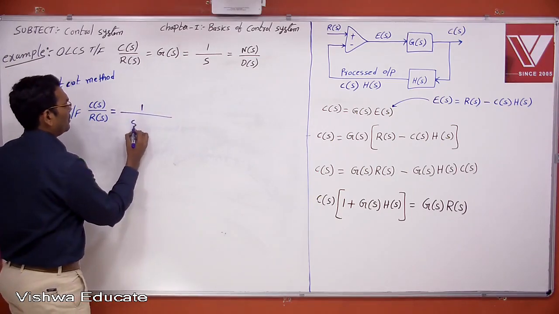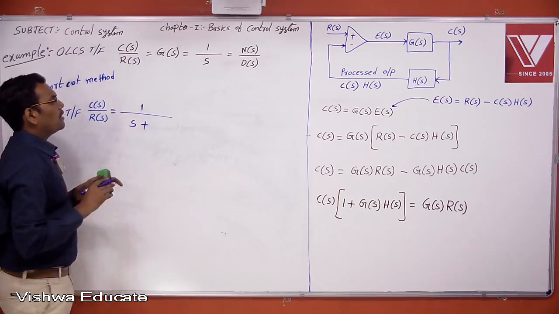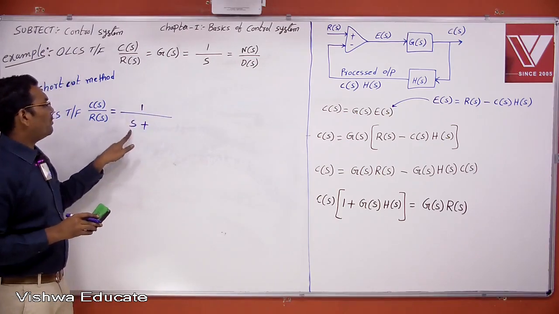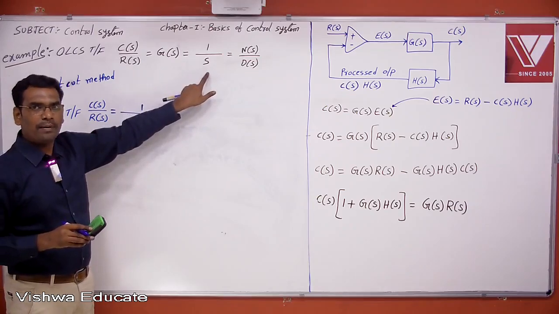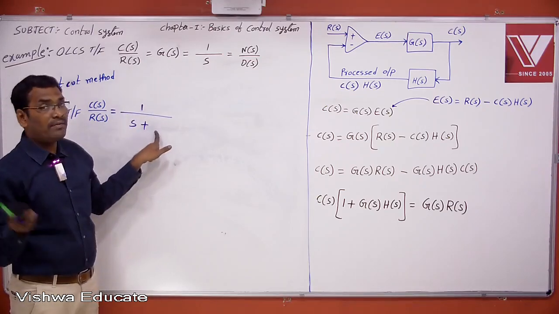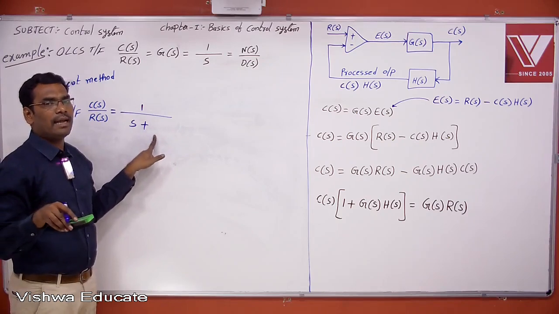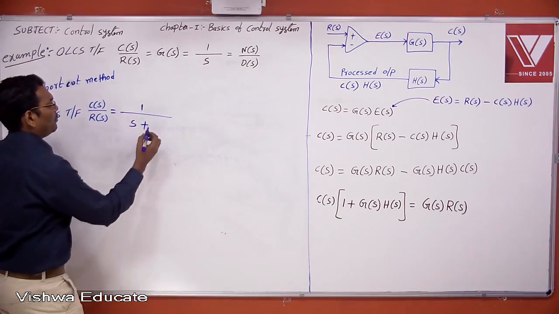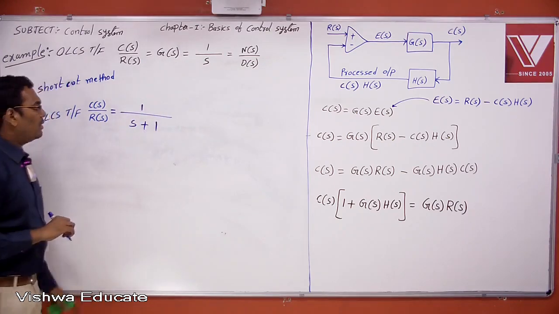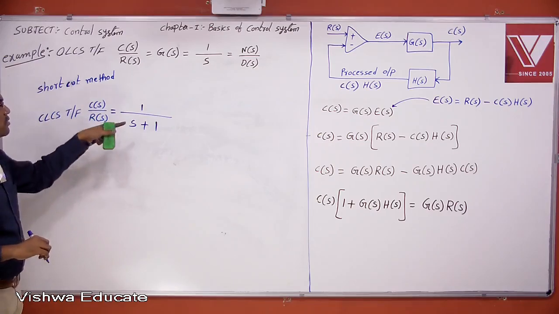How much? 1. The closed loop denominator is the denominator of the open loop plus, previously you took subtraction, now take addition, the numerator of the open loop. That's it. Therefore, this is the closed loop control system transfer function.